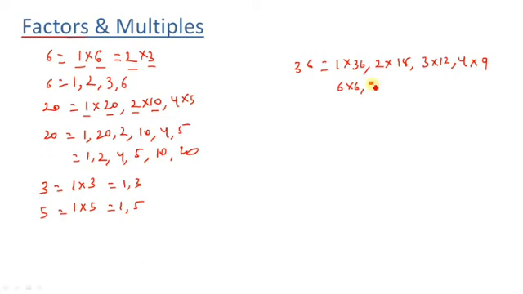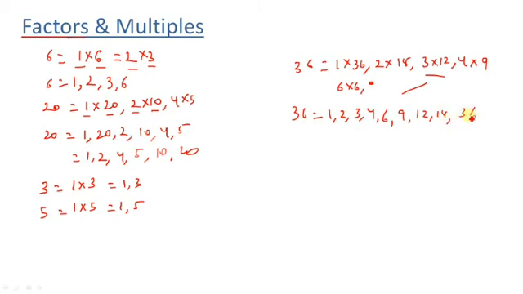Then 10, there is nothing. 11, there is nothing. 12 into 3, we already wrote that as 3 into 12. In the end we can write 36 into 1. So the factors of 36 are 1, 2, 3, 4, 6, 9, 12, 18 and 36.